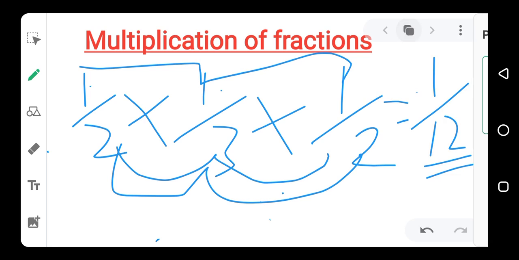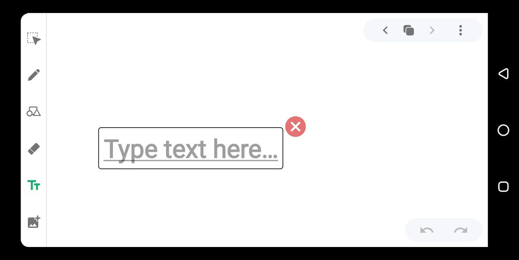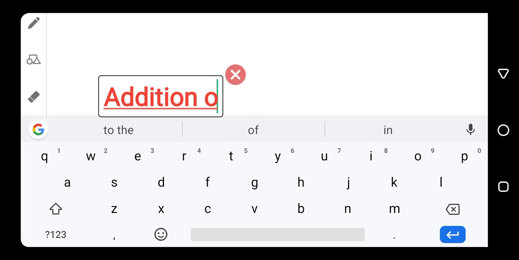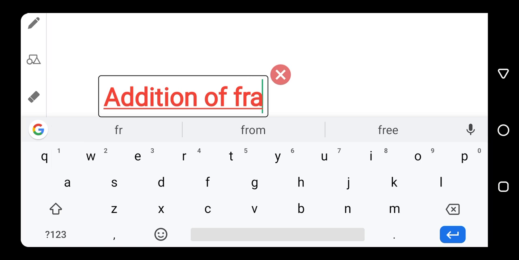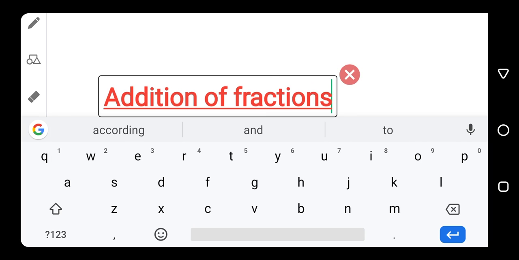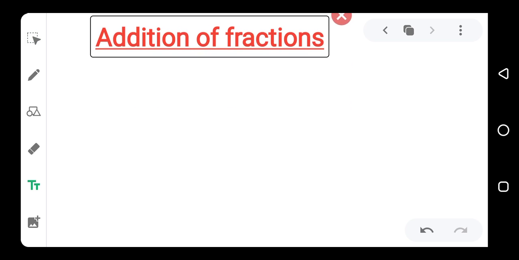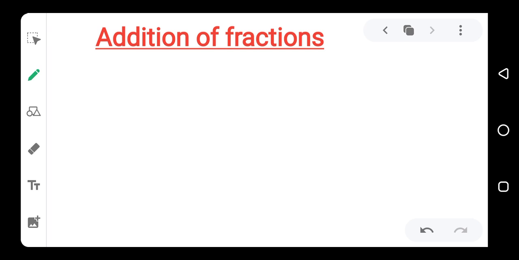Now let's briefly also go to addition of fractions. Let's talk about addition of fractions. If we have 2 fractions, let's say we have 1 over 2 plus 1 over 3.